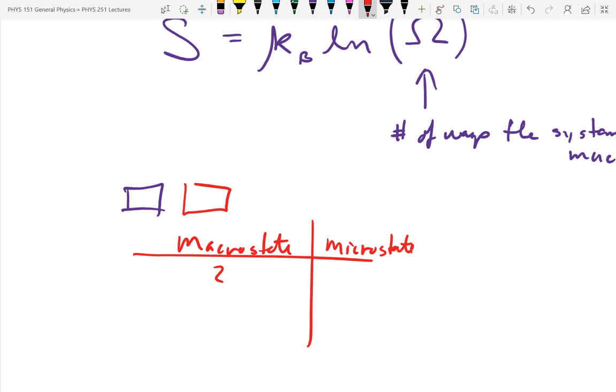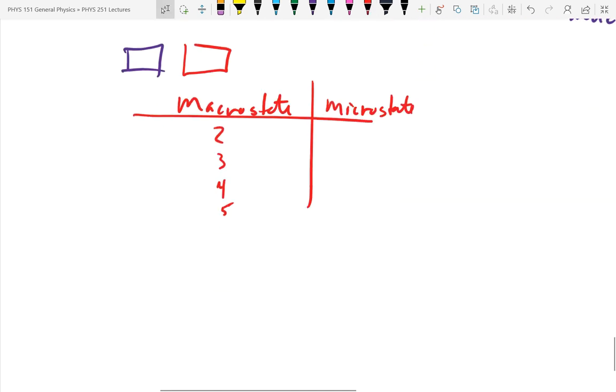It can go anywhere from 2 to 12. Now, how can I make 2? Okay, 2 would be a 1 and a 1. So how many ways can I make 2? Only one way. So that's one microstate.